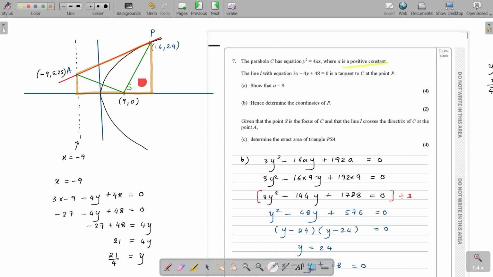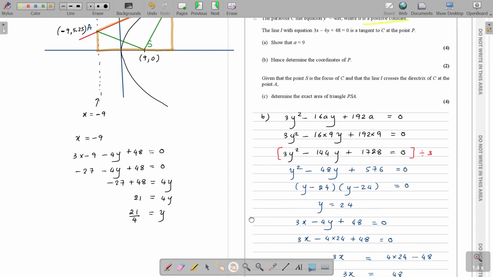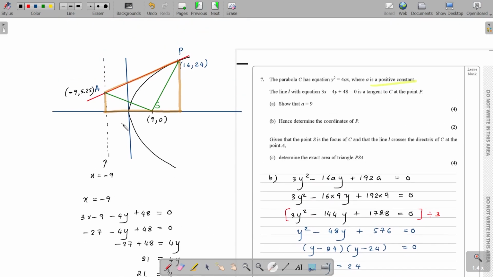Okay, so let's get the area of the trapezium. What's the area of the trapezium? Area of trapezium is half into (a plus b). What are a and b? a and b are these two heights, so it's 5.25 and 24, the y coordinates.